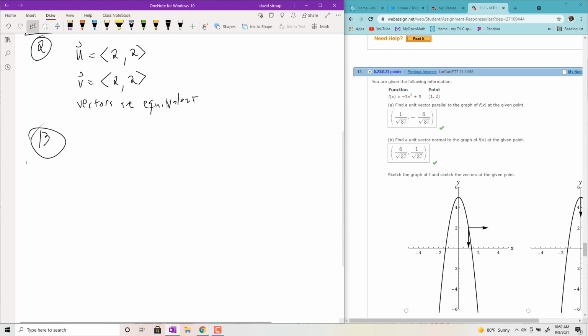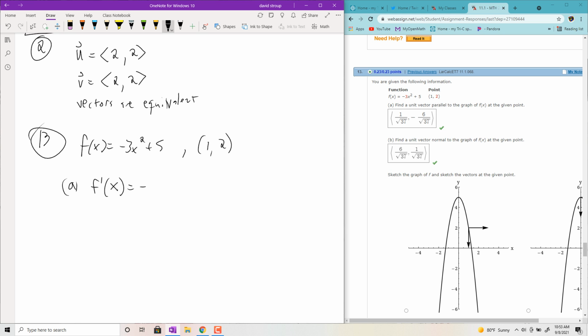So number 13 here, they give you a function, f of x equals negative 3x squared plus 5, and a point. They want a unit vector parallel to the graph at any given point. That means basically find the derivative and use that to get a slope, and then that will be your vector.